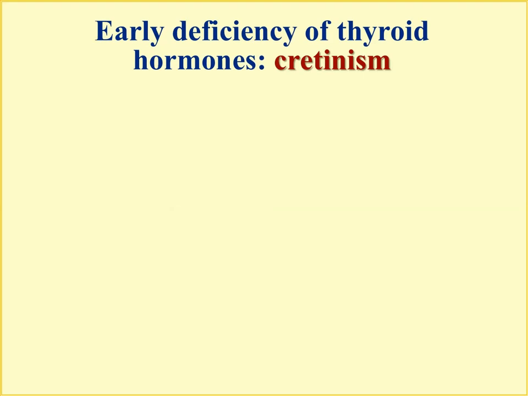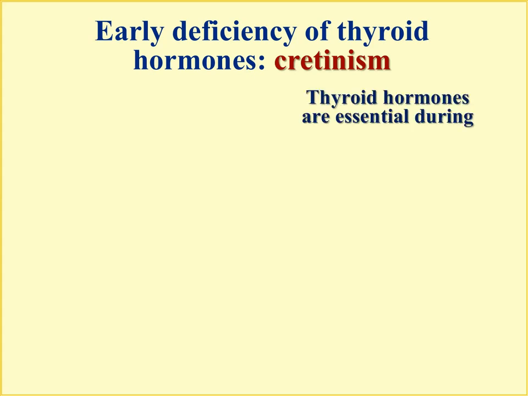Now let's consider exactly what happens in case of deficiency of thyroid hormones in early age. This results in such a state which is called cretinism. Again, thyroid hormones are necessary to stimulate protein synthesis, which is underlying process for any development, and particularly development of the central nervous system.